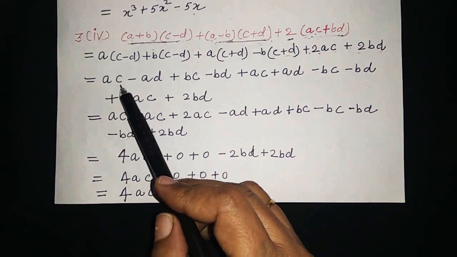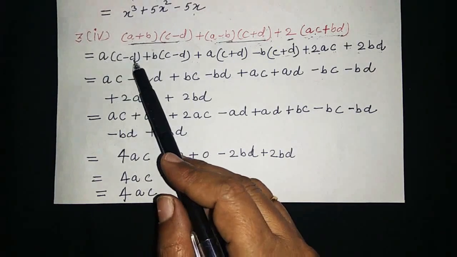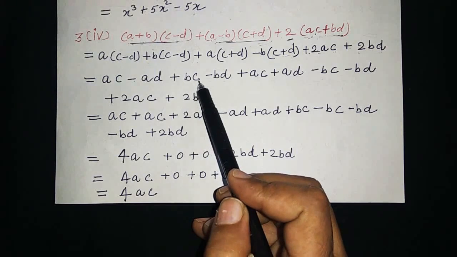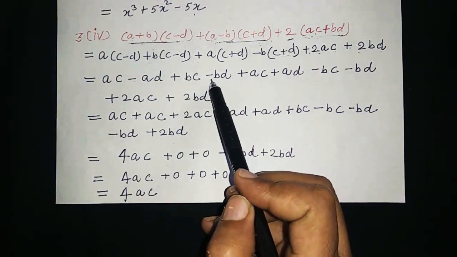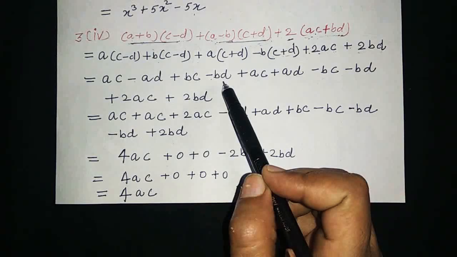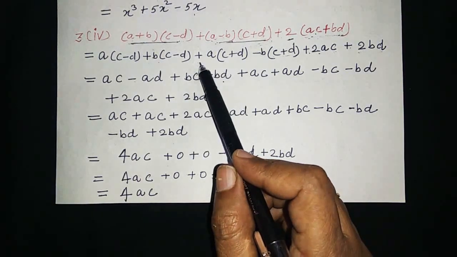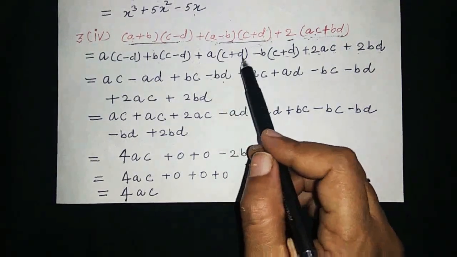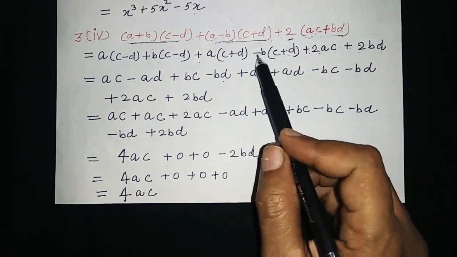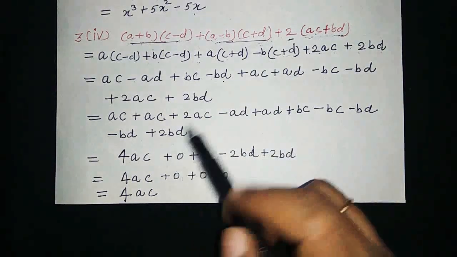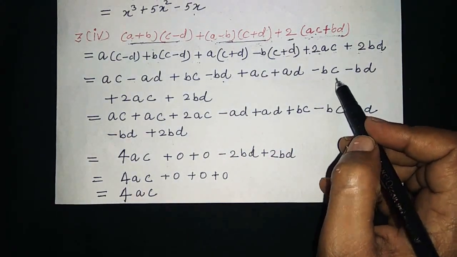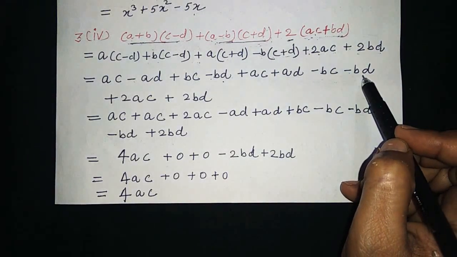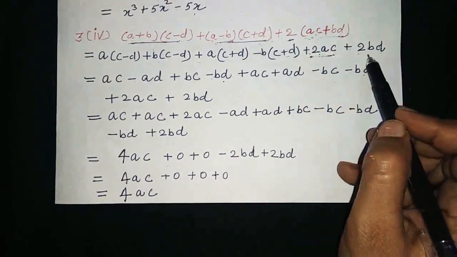a into c, ac, minus a into d, ad, plus b into c, bc, minus b into d, bd, plus a into c, plus ac, plus a into d, plus ad, minus b into c, here minus bc, minus d and d, minus bd, here plus 2ac and plus 2bd.